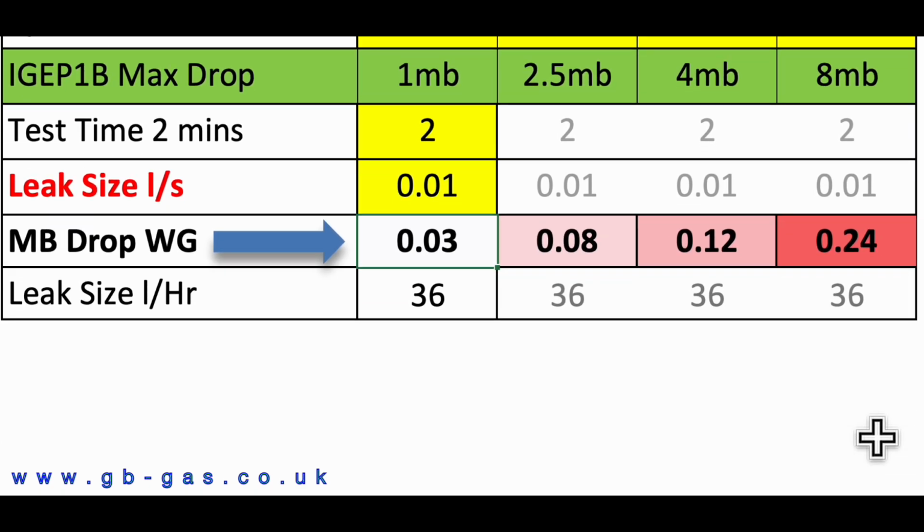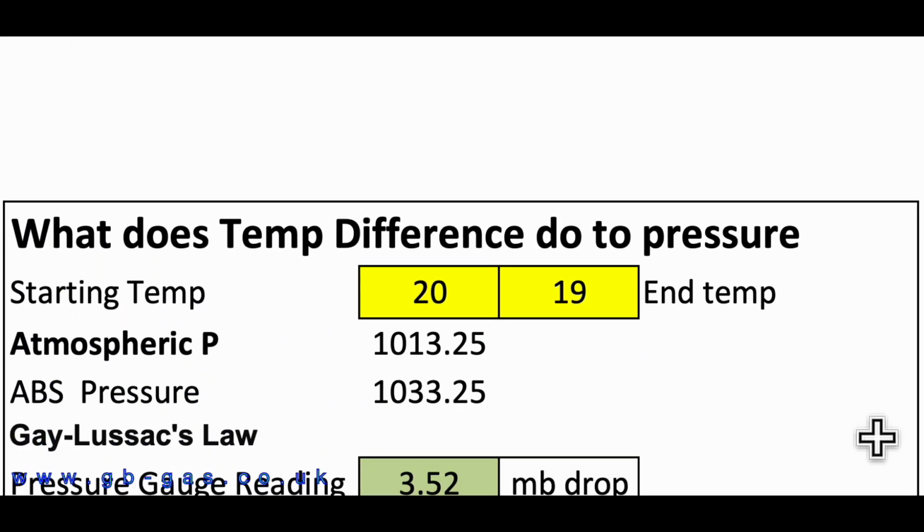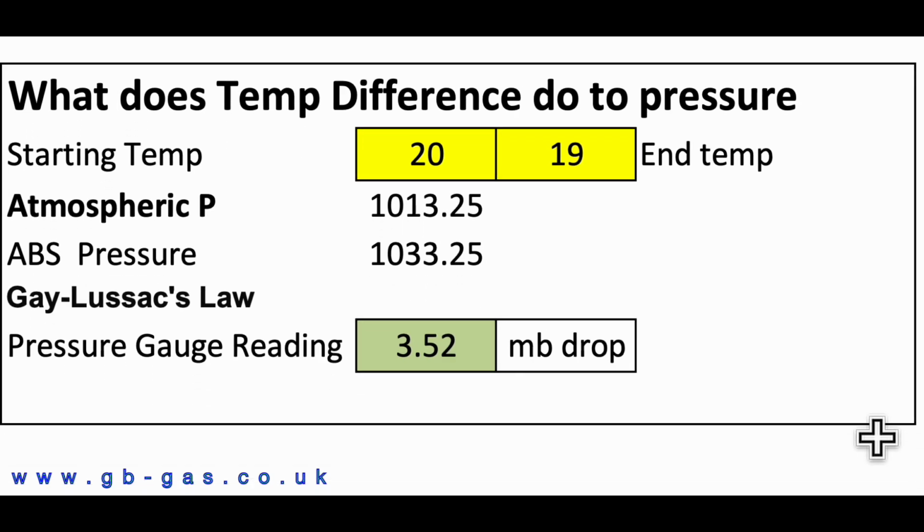Just to finish off this video, a quick question on temperature stabilisation. So what difference does temperature do to the pressure in a system? So using Gay-Lussac's law, we can see that if we have a 1 degree temperature difference, 20 degrees, 19 degrees, and that doesn't matter whether it's going up or down, then that can make a difference on our atmospheric pressure against the gas pressure of 3.5 millibar.